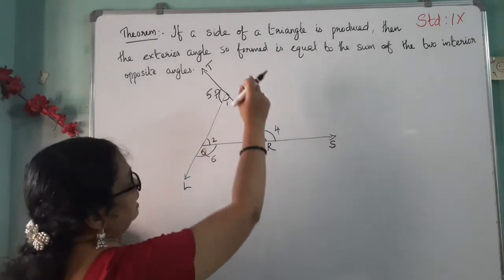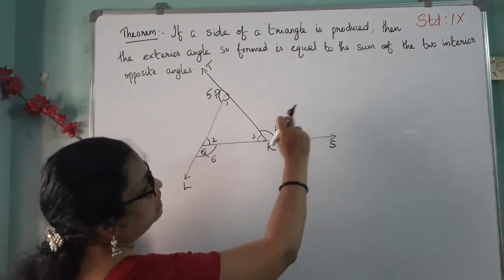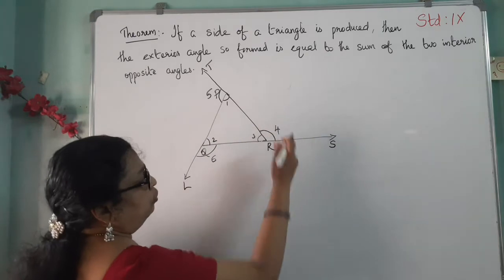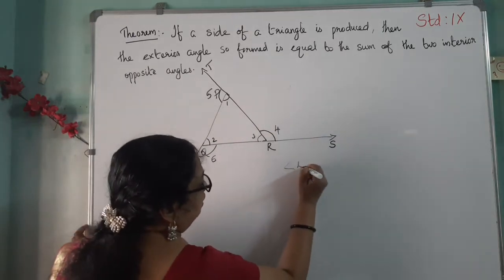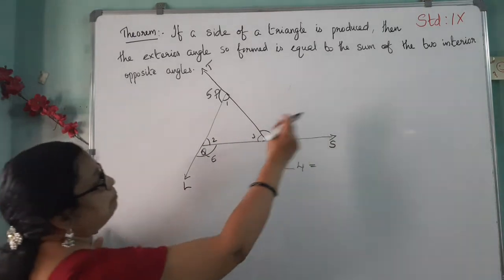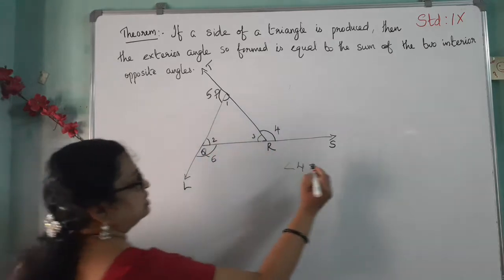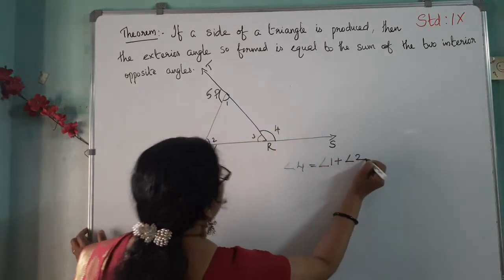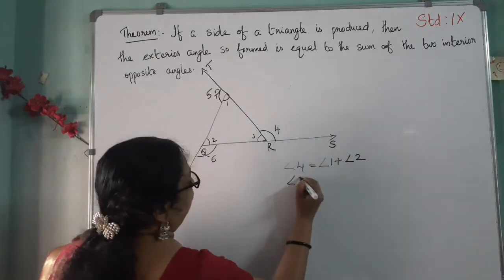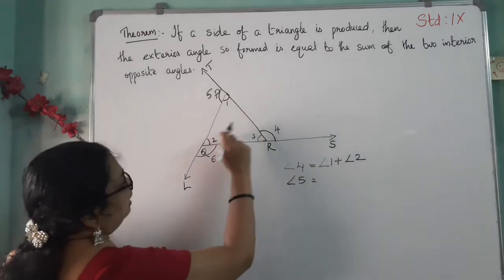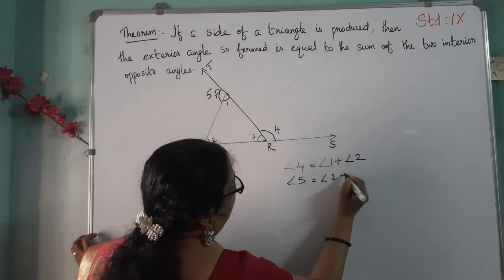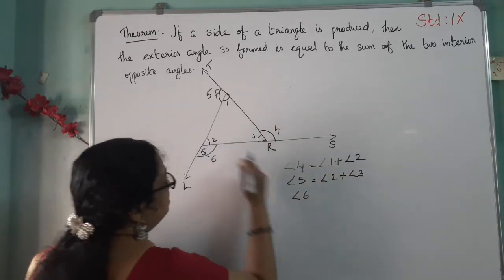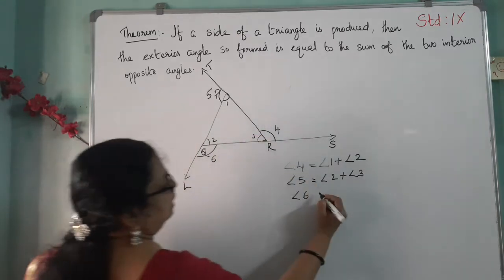So the theorem says, if a side of a triangle is produced, then the exterior angle so formed, here angle 4, is equal to the sum of two interior angles, that is according to 4, angle 1 plus angle 2. And when we consider 5, then angle 2 plus angle 3, and consider this angle 6, then this is adjacent, then 1 plus 3.